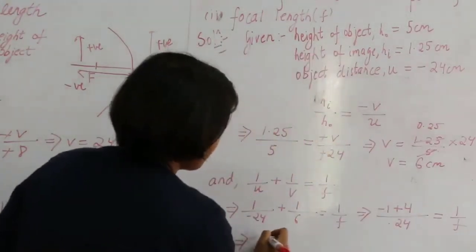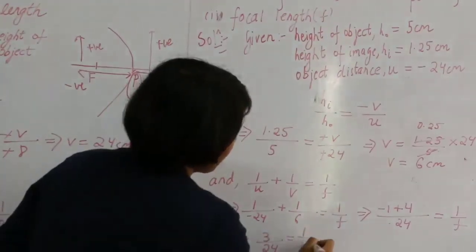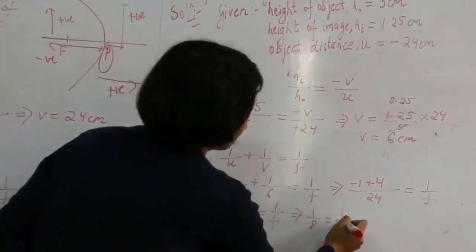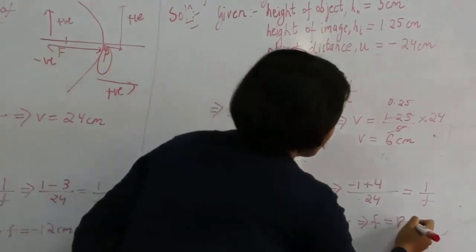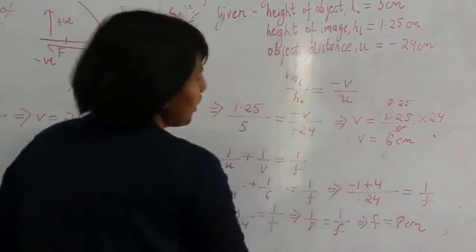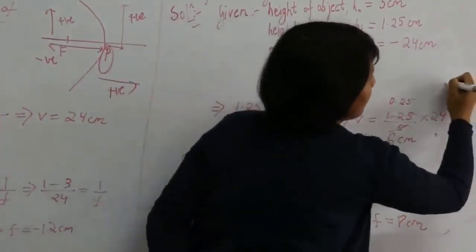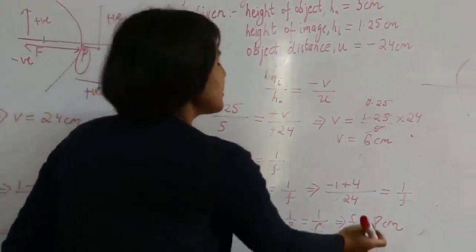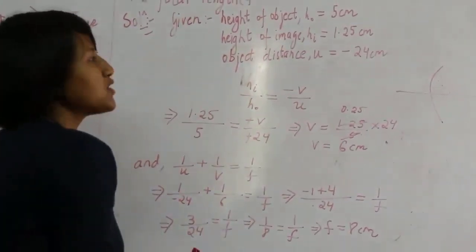From there you get 3 by 24, which is 1 by 8, and then f you get to be 8. You see here the sign is positive because for a convex mirror, focal length is towards the right. So the sign is positive, and hence the calculation is correct. That's all about sign.